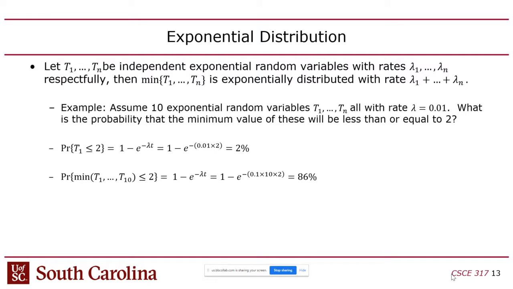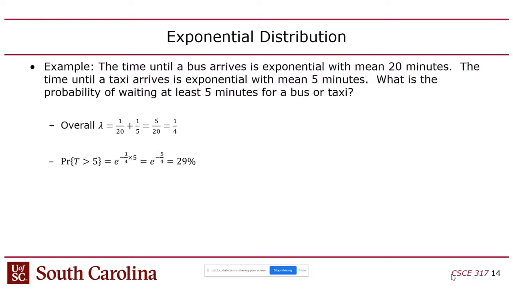So the probability that a specific one of those will be less than 2 is really small, but the probability that the minimum of those 10 being less than 2 is 86%. That's a big difference, 2% for one versus 86% for all 10 of them together.